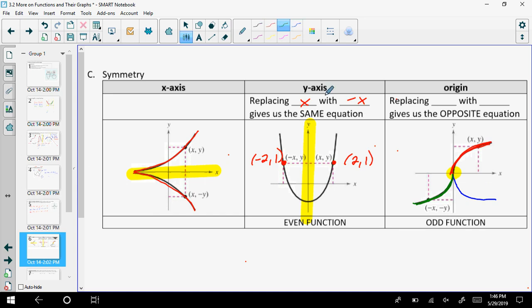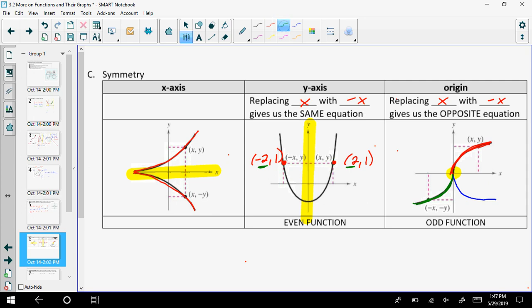So what I'm saying by that above business is if you change the x and you still get the same y out, that's y-axis symmetry. If you replace x with -x and everything turns opposite, you get origin symmetry.